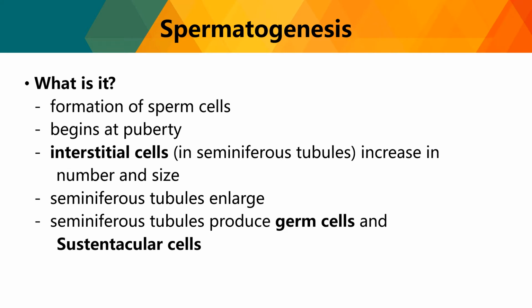So again, spermatogenesis is the formation of the sperm cells, and it actually begins at puberty. Okay, so with the development of the sperm, males usually reach this during the puberty years. So you have the interstitial cells from the seminiferous tubules, which increase in number and in size, and then the seminiferous tubules do enlarge, and they produce germ cells and sustentacular cells.